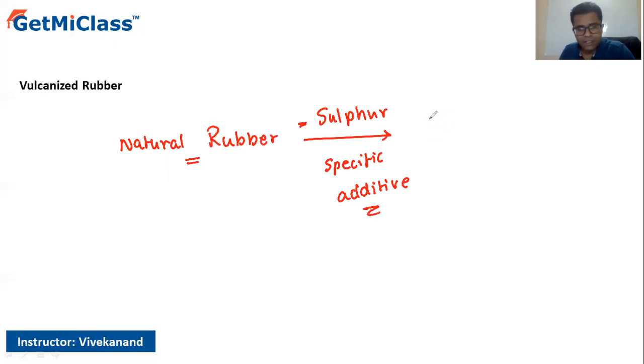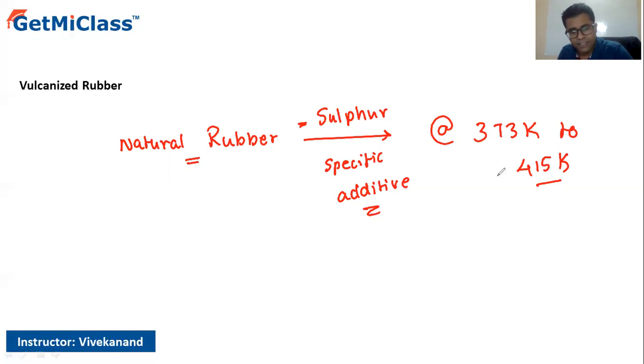And this process wherein we treat the natural rubber with sulfur at around 373 kelvins to 415 kelvins, we call it vulcanization of rubber.